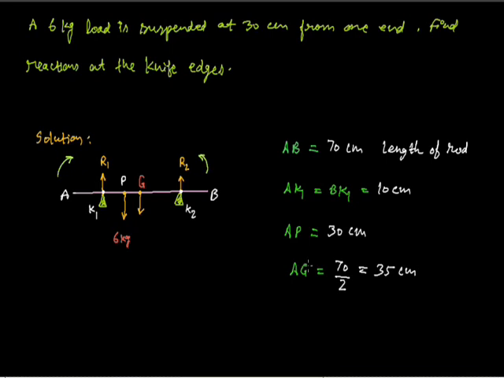So G is the middle point of length AB, and that's why AG is equal to distance BG also, and that is equal to half of the rod length, 35 centimeter.